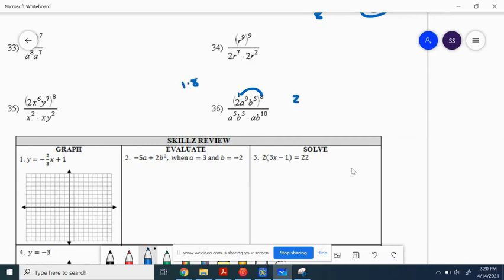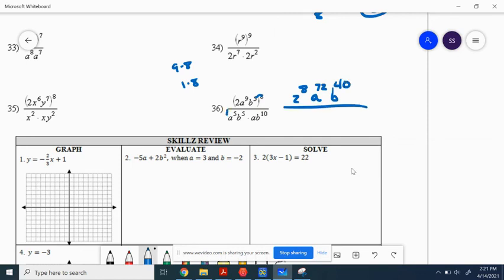So this is 2 to the 8th power. Then we're going to do a to the 9th to the 8th power, which is 9 times 8. So this is going to be a to the 72nd power. All right, and then we'll do 8 times 5. So that's b to the 40th power.